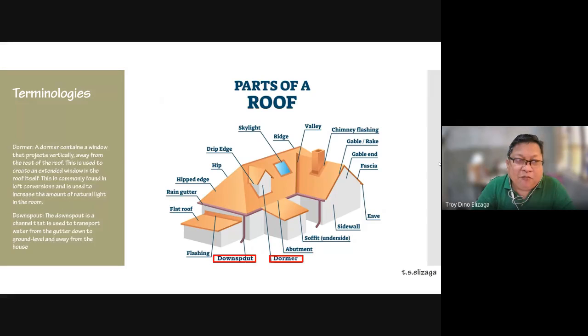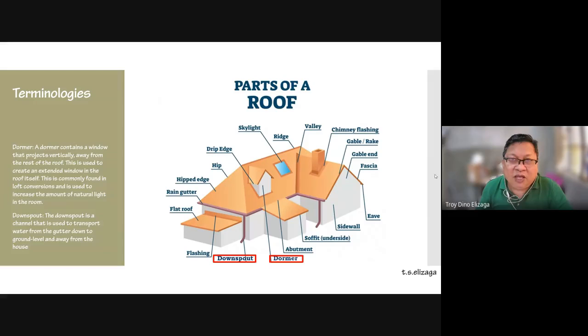Next, dormer. A dormer contains a window that projects vertically away from the rest of the roof. This is used to create an extended window in the roof itself. It is commonly found in loft conversions and is used to increase the amount of natural light in the room.